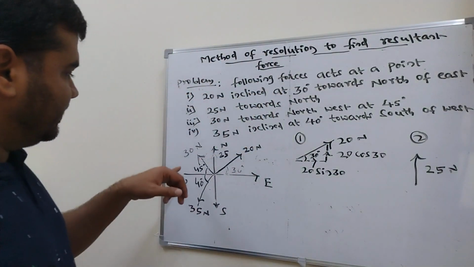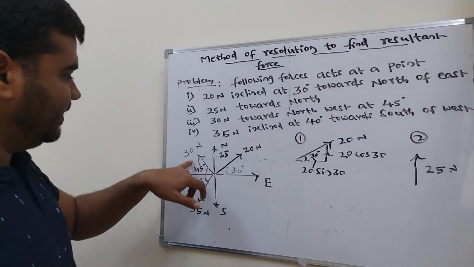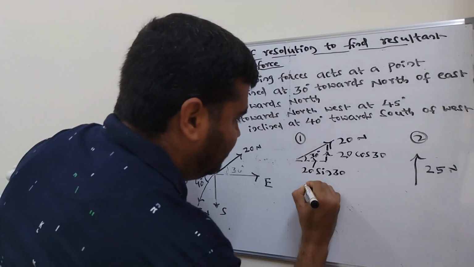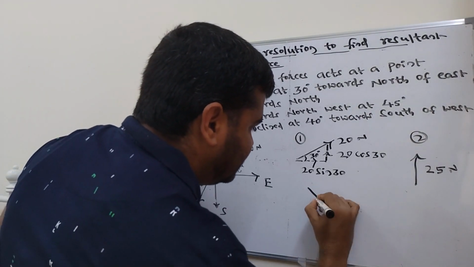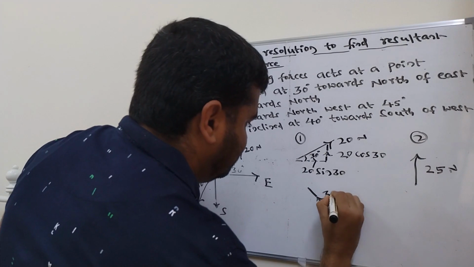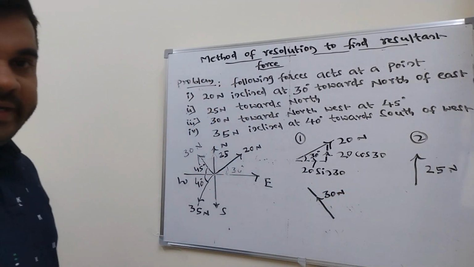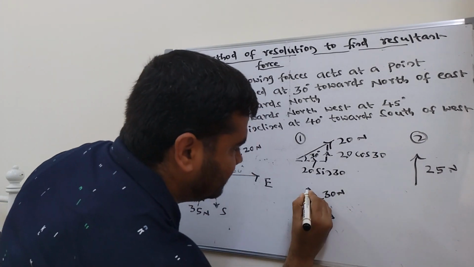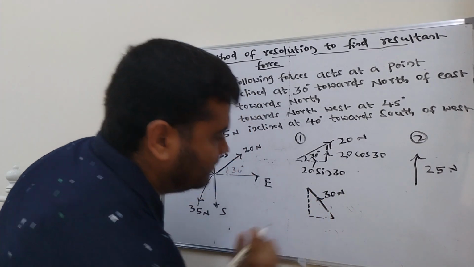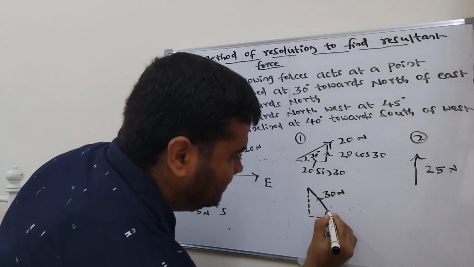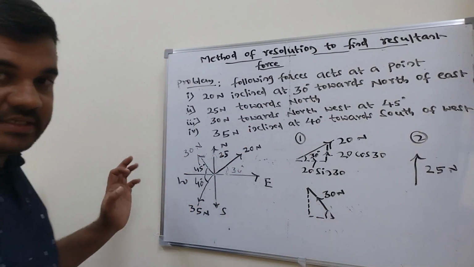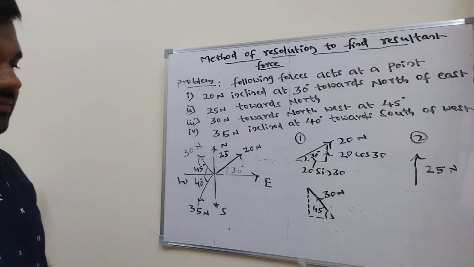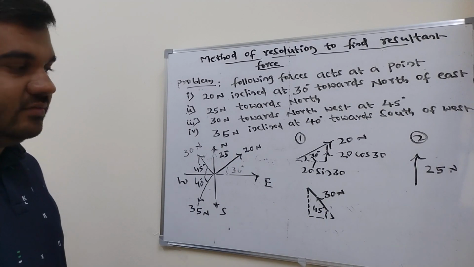Now go to the third force. This is 30 Newton. How are you splitting? Split like this. This is the horizontal component and this is the vertical component. What is the angle? See the space diagram. Angle is 45 degree. Which one is the sine component and which is the cos component?